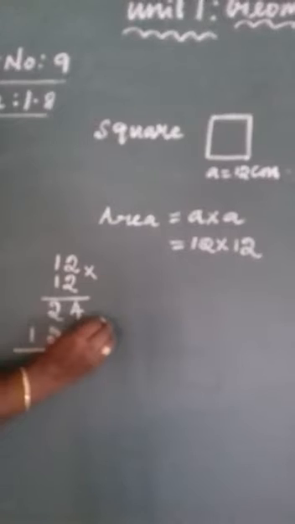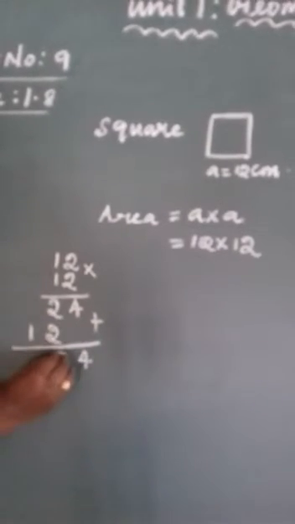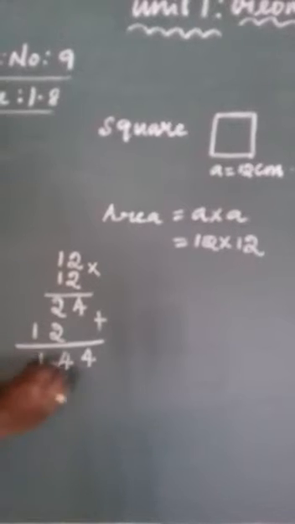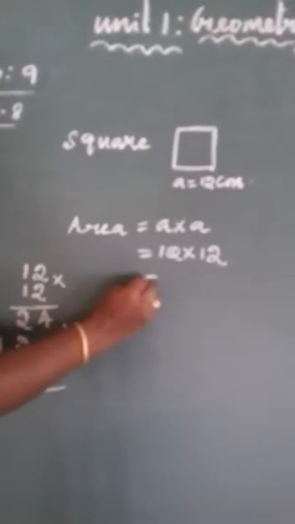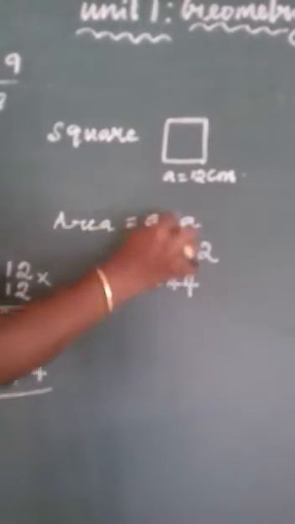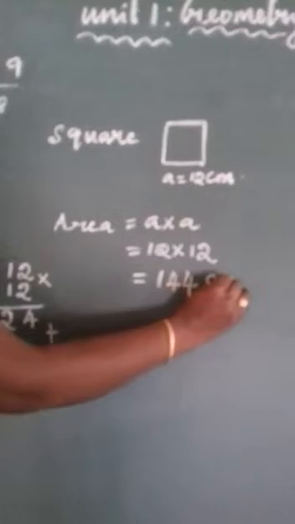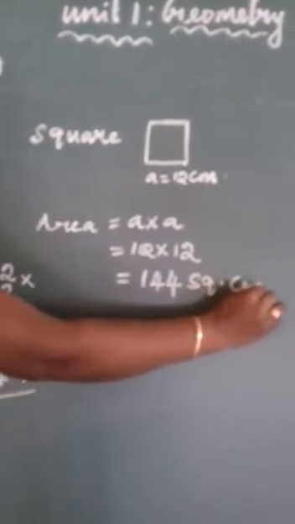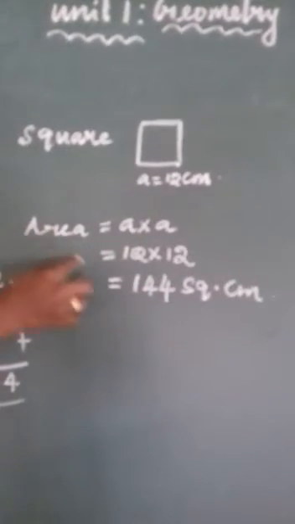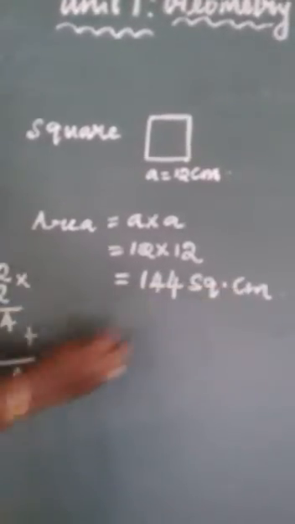These two numbers we have to add. 4, 2 plus 2 is 4, and here 1. So 12 into 12 is 144. Centimeter is given, so sq. centimeter. Area of a square equals 144 sq. centimeter.